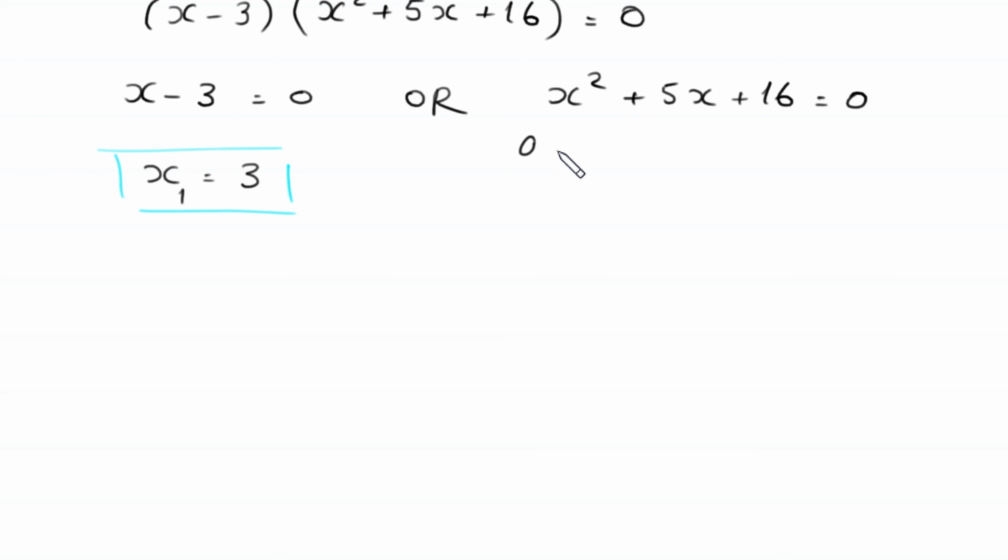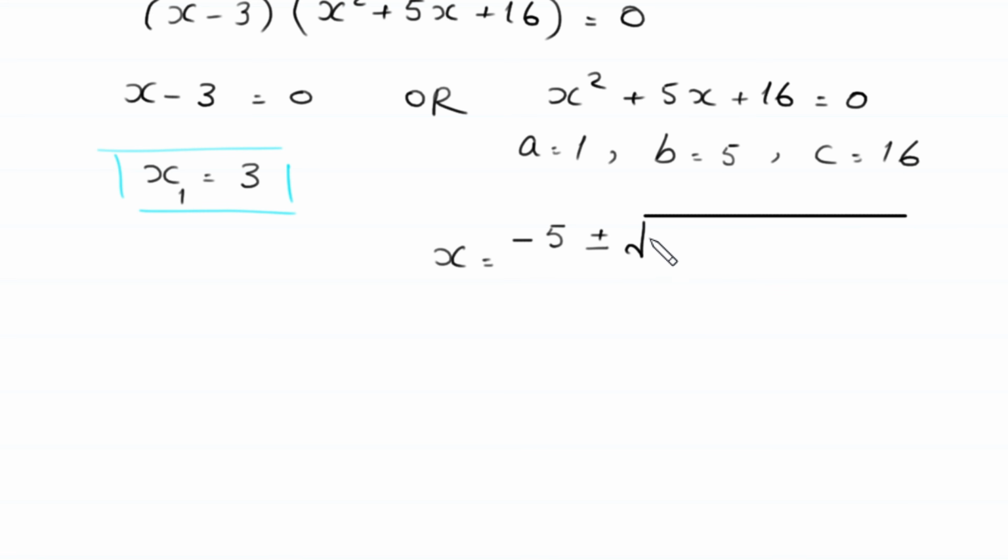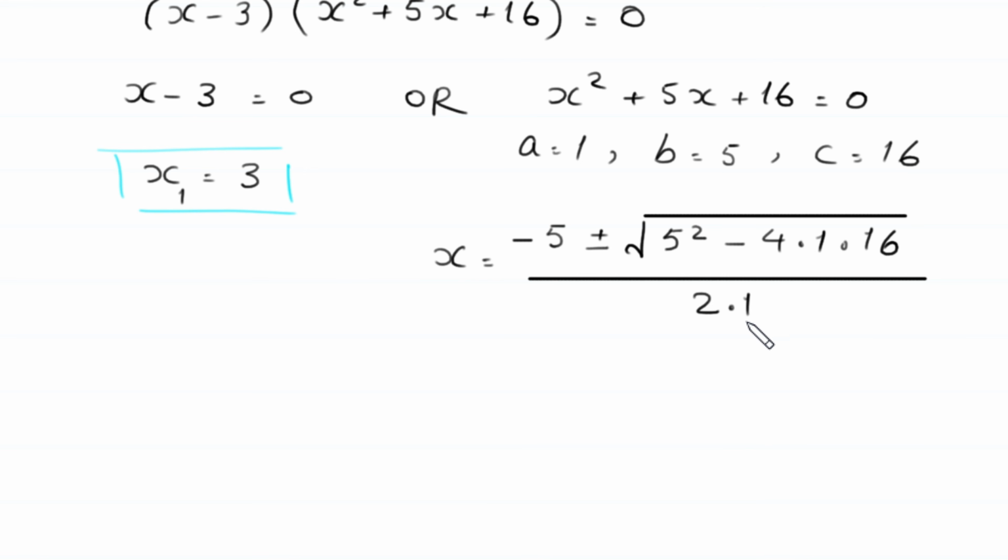In this equation a is equal to 1, b is equal to 5 and c is equal to 16, and according to quadratic formula x is equal to negative value of b, which is 5, plus minus square root of, in place of b squared we write 5 squared minus 4 times, in place of a we write 1 times, in place of c we write 16, divided by 2 times, in place of a we write 1.